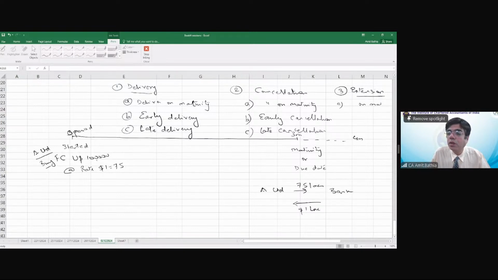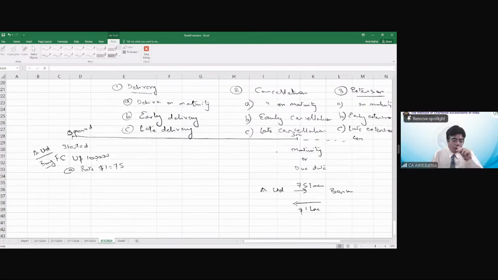On maturity, I can do extension, or I can do early extension. If I know that party has communicated to me and I can do that prior to 3 months, then I go for early extension. I can arrange for the same, or late extension. These are the various options under which my existing contract can be brought to an end.